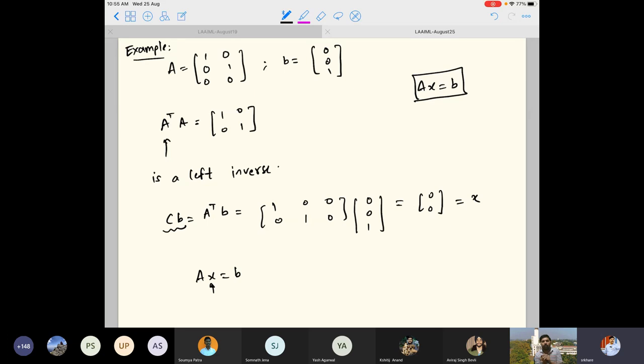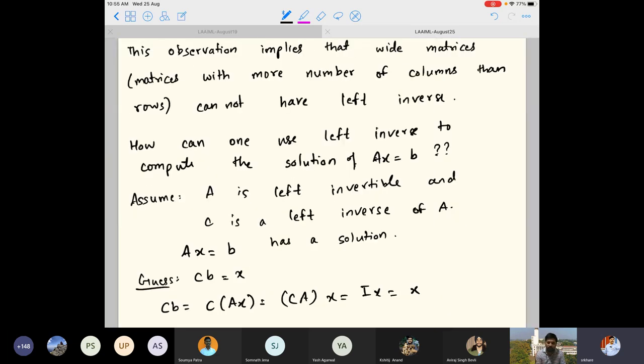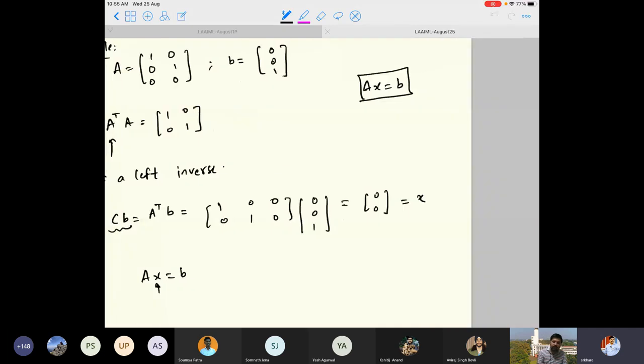That is one check that you have done. So left inverse, something interesting we have observed. Let us quickly summarize it in one slide.